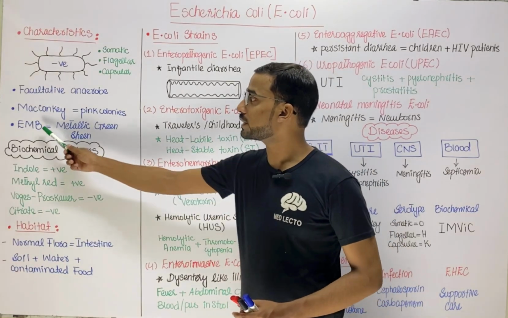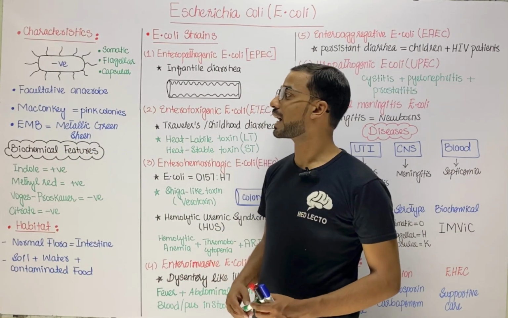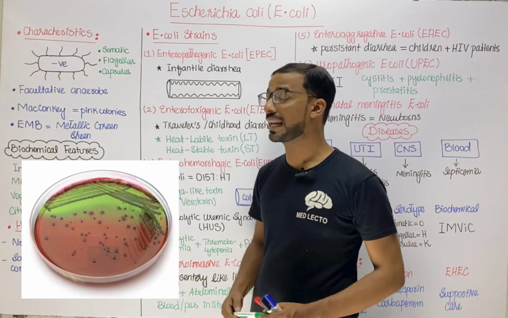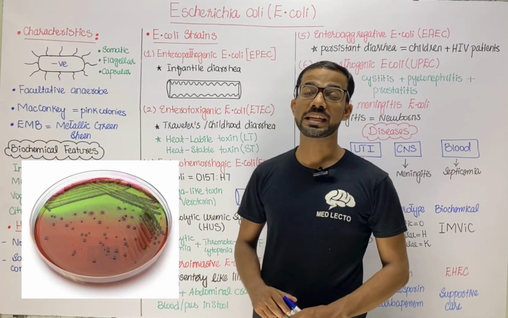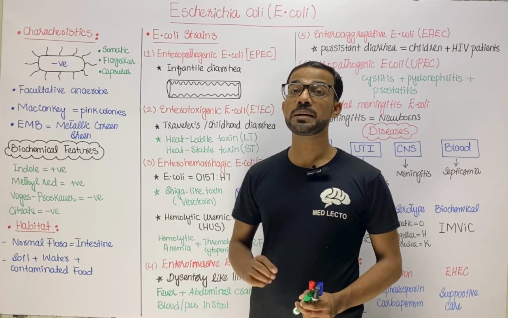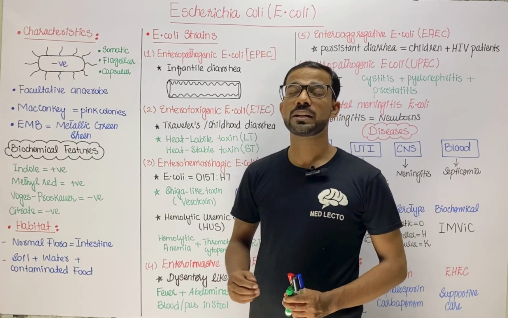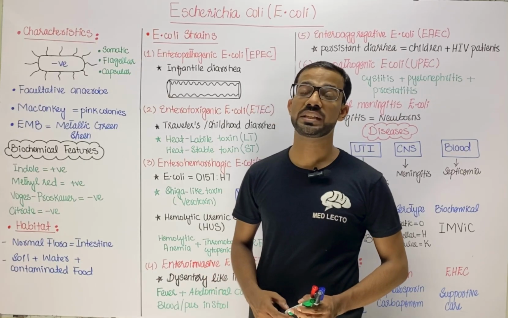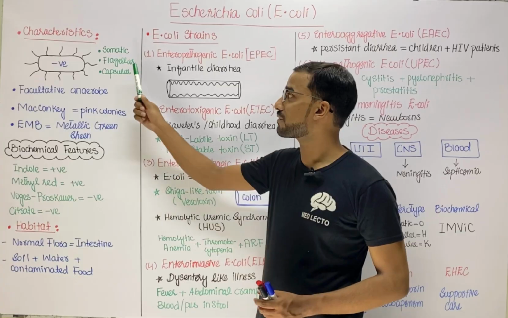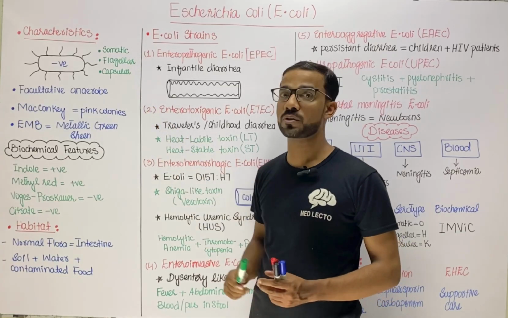It can also grow on the EMB agar, eosin methylene blue agar, and on that agar it produces a metallic green sheen. After that, you will also see the three most important antigens that are used in the diagnosis of E. coli. First is the somatic antigen, second is the flagellar antigen, and third is the capsular antigen.